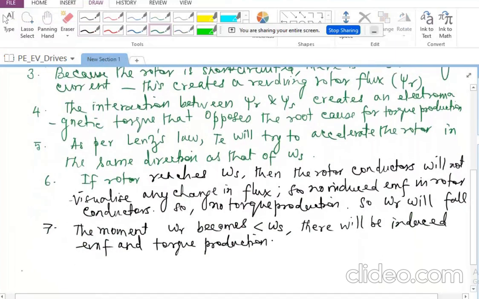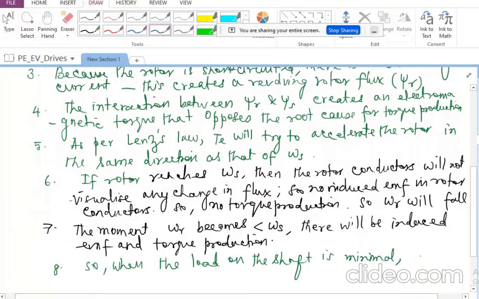So when the load on the shaft is minimal, the rotor will rotate at a speed close to omega s.